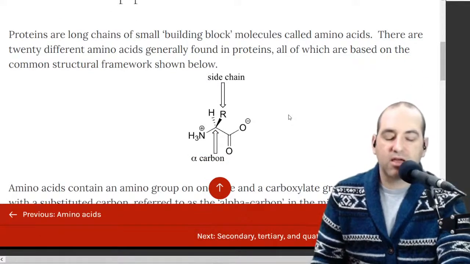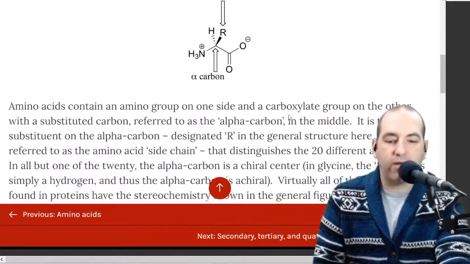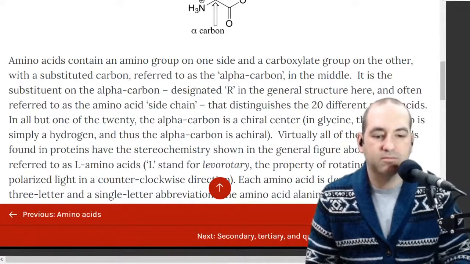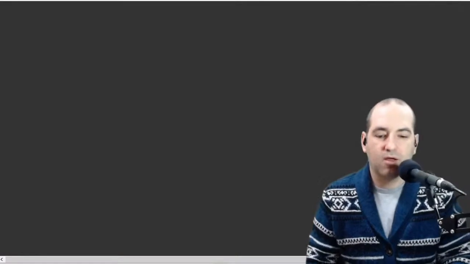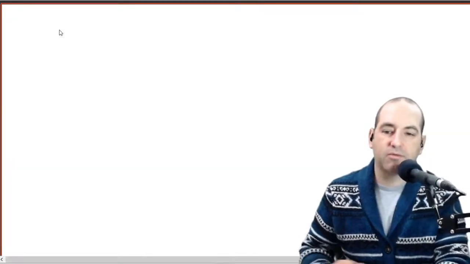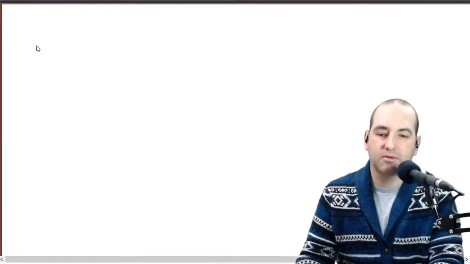All right, so let's take these amino acids then and show how we build up what we call the primary structure of a protein. I'm going to switch back to drawing. The primary structure of the protein is the sequence of amino acids.